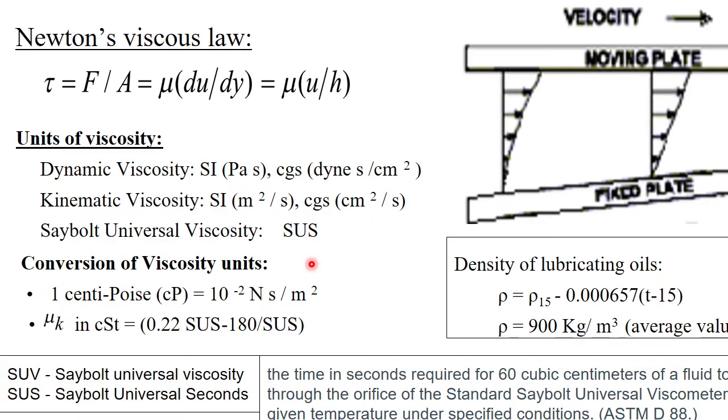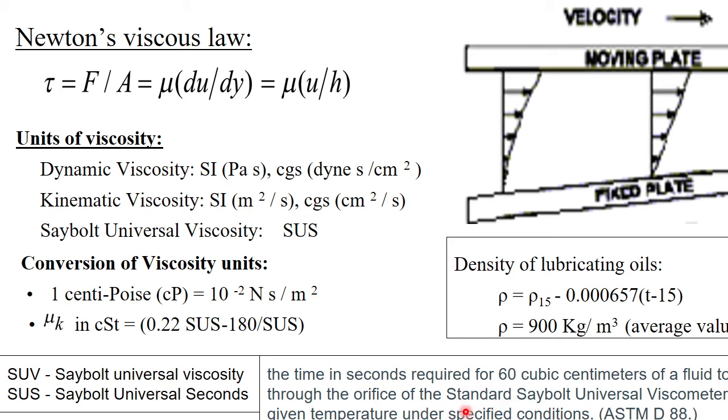Now let us see what is Saybolt universal viscosity or Saybolt universal second. This is the time in seconds for collecting 60 cc of fluid flowing through an orifice of a standard viscometer.